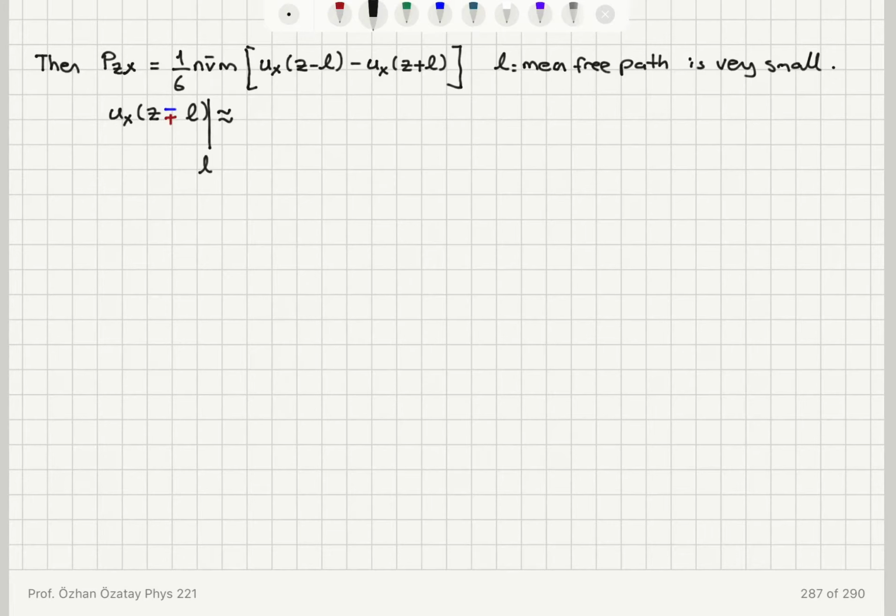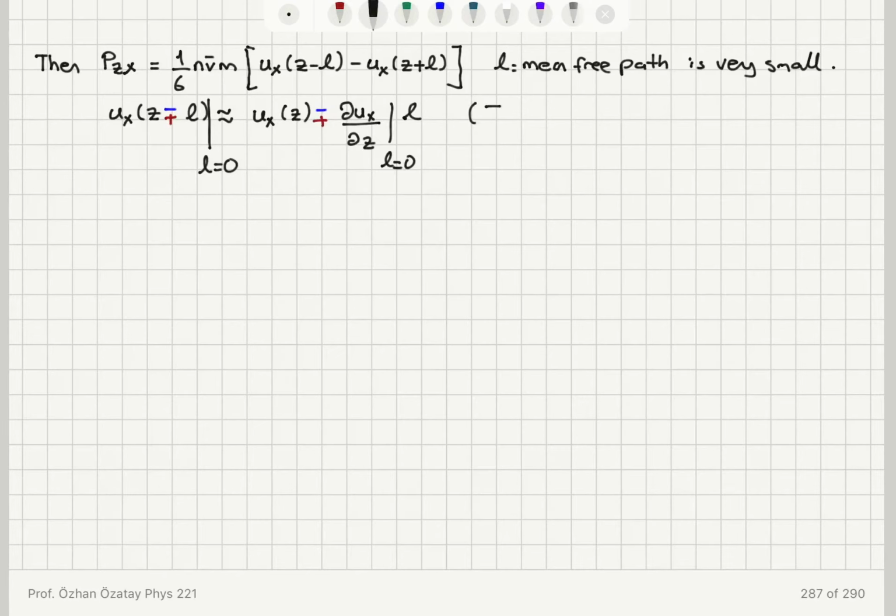Around L is 0, for the first term, L is equal to 0, so you would have ux of z, and the second term you would have minus or plus del ux del z evaluated at L equal to 0 times L minus 0.